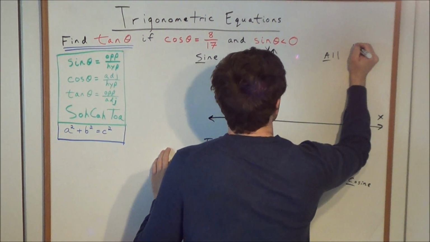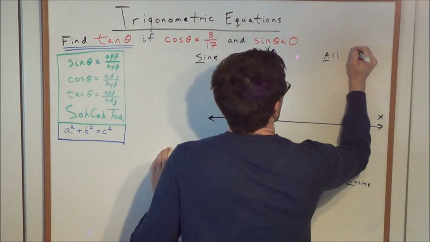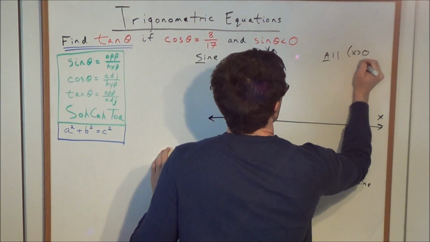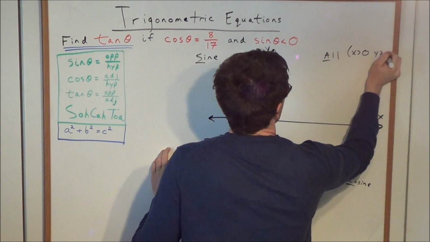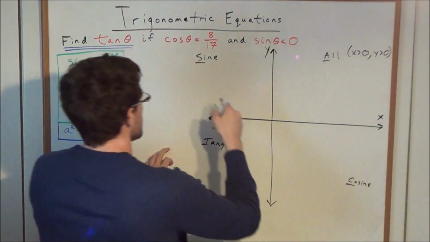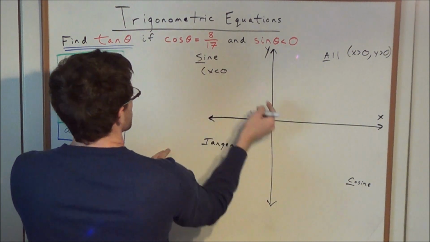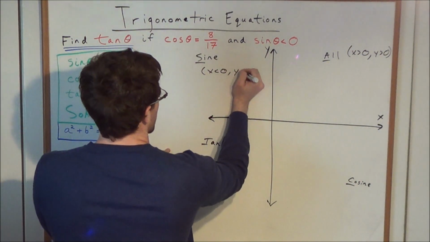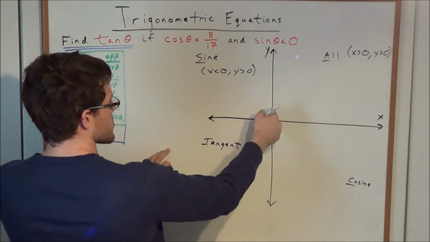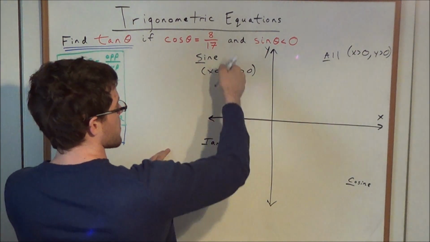So, to begin this problem, another thing to consider is that in the first quadrant, when we have a pair of points x, y, x is greater than 0 and y is greater than 0. In the second quadrant, x is less than 0 because we go to the left, and y is greater than 0 because we then go straight up.